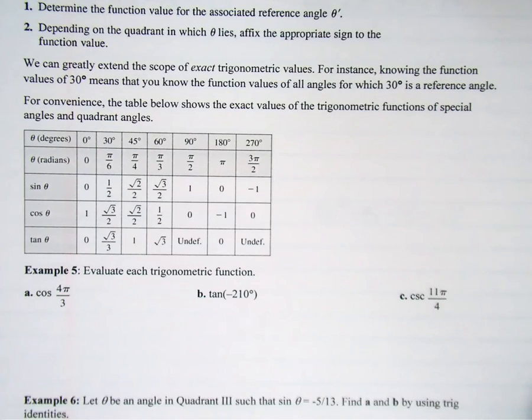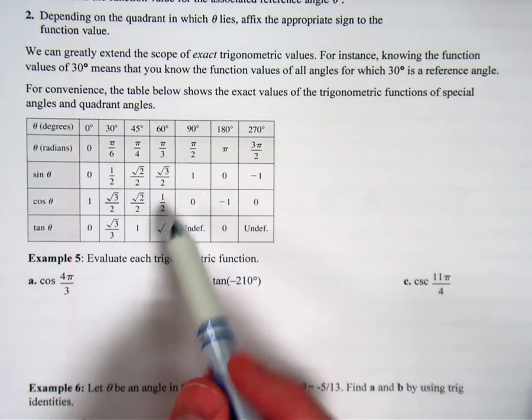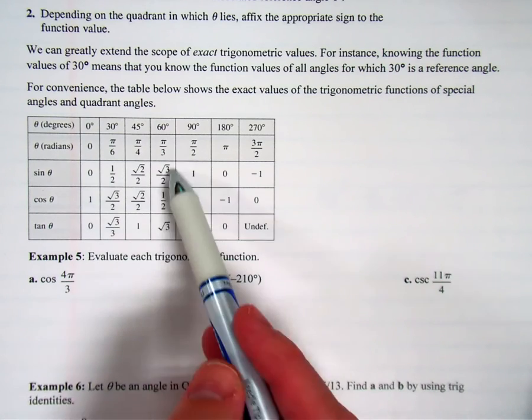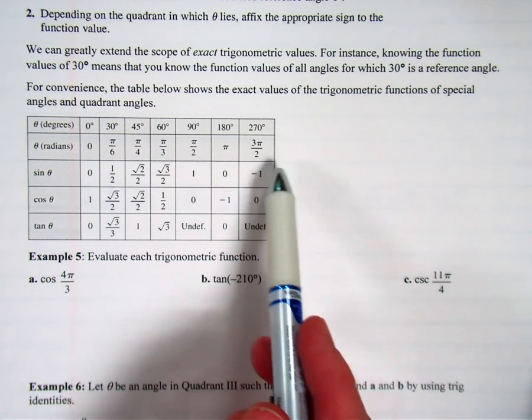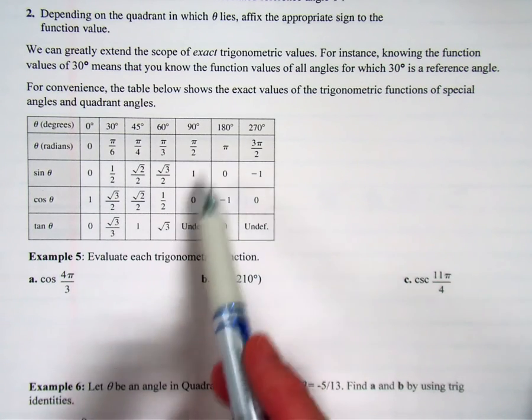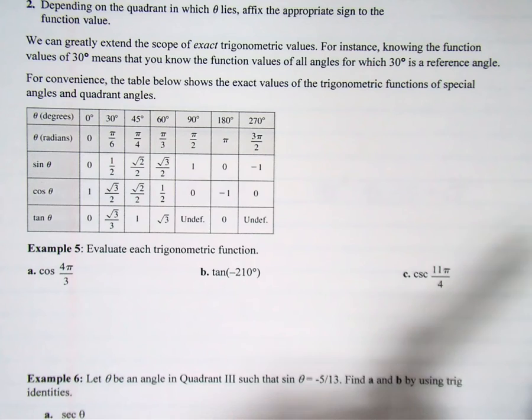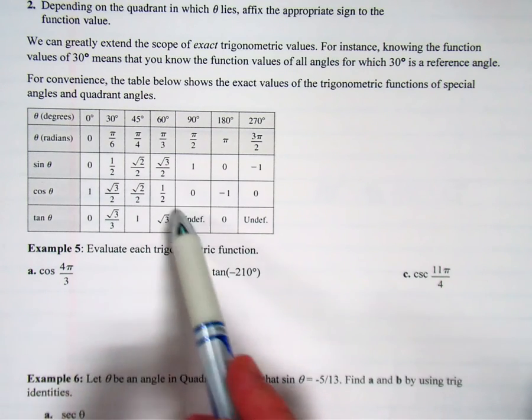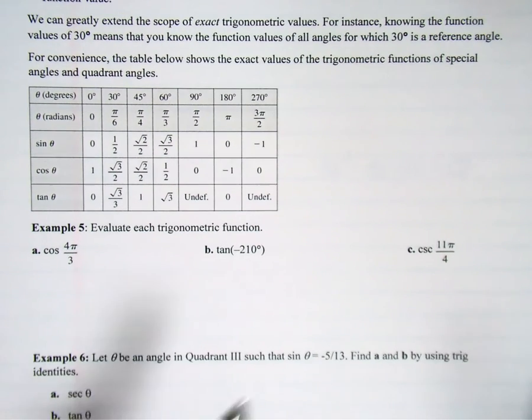Otherwise, this table can be very helpful if you have it memorized for the basic ones here, and then you can just adjust the sign. These, I think, are pretty easy to memorize, the undefined, zeros and ones. But those right here are pretty helpful, especially the tangent ones. Those are always tough to think about.